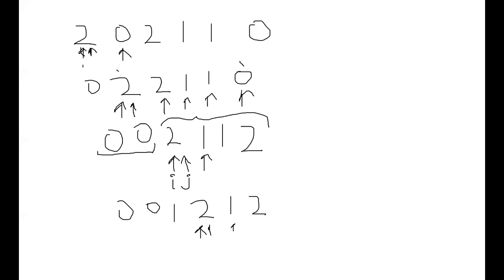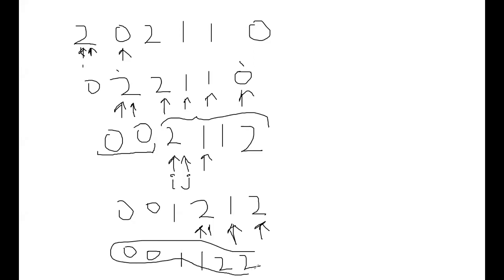Then move j one index. We again find 1, swap them: 0, 0, 1, 1, 2, 2. Keep going. We reach the end. We are good. So in the 2 passes, all the numbers are sorted, or moved to the location that we wanted.